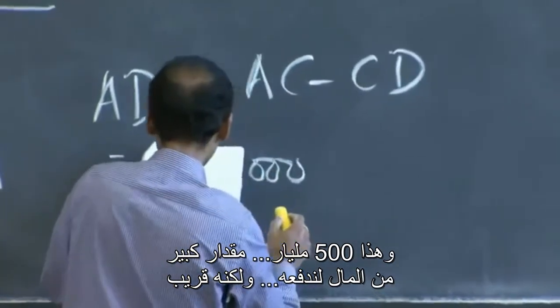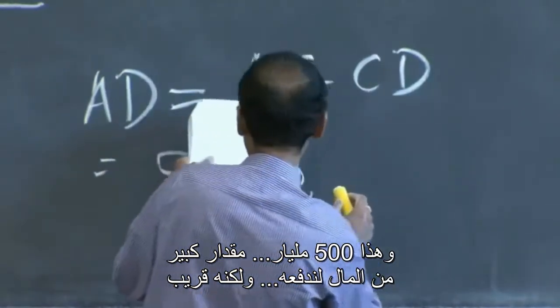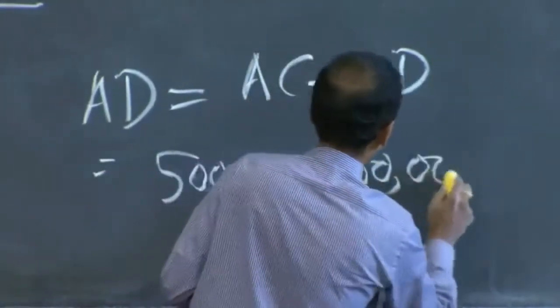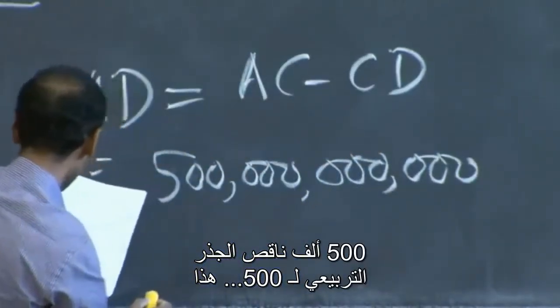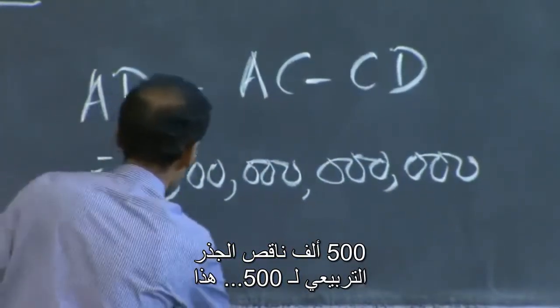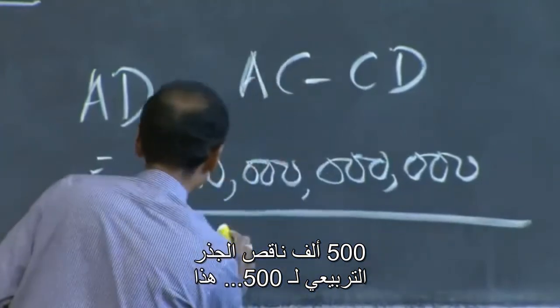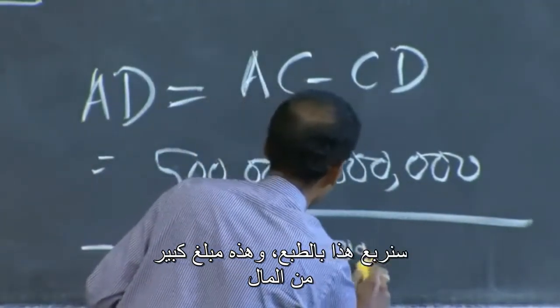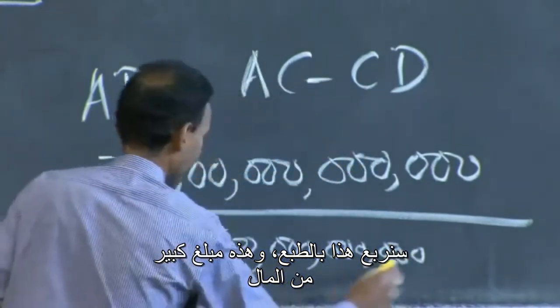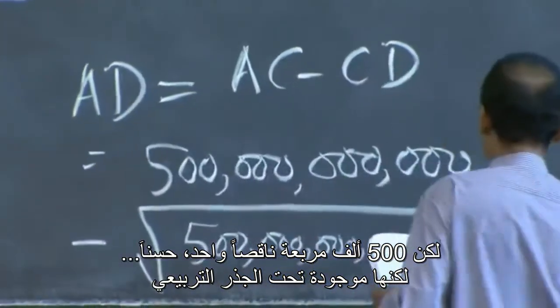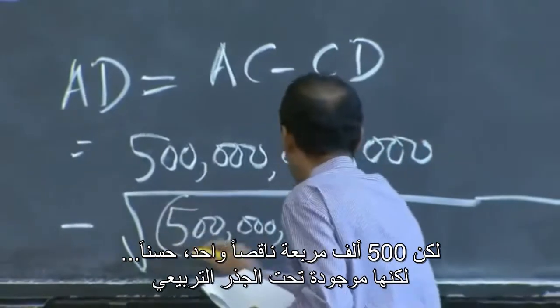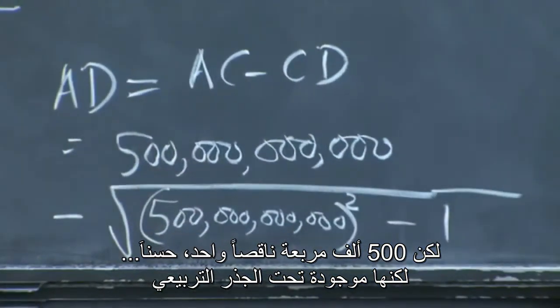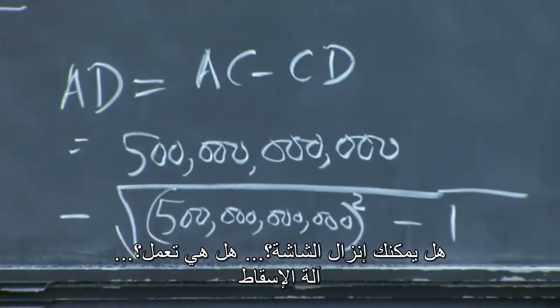That's a little bit less than bailout money, but it's close. 500,000 minus square root of 500,000 squared minus 1. When you start squaring this, of course, now you're in real big money.